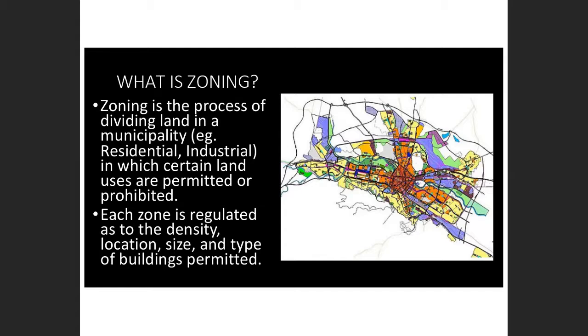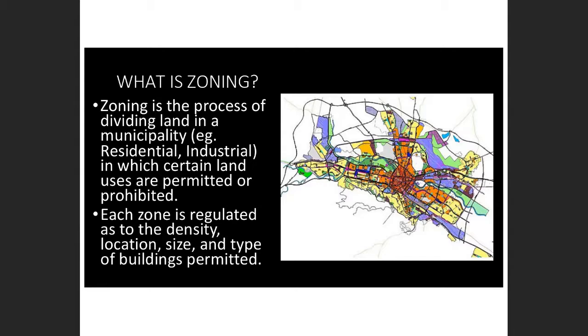The Village of River Grove, the Village of Oak Park, where I live, City of Chicago, City of Cicero, right? All those jurisdictions divide their land up into different areas and deem them to be for residential use, commercial use, or industrial use.